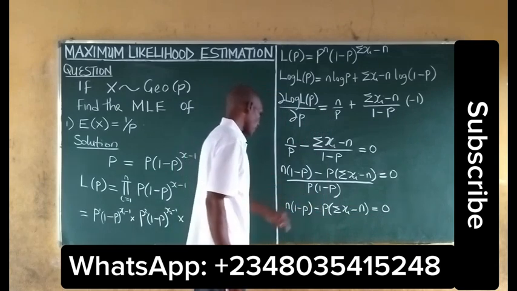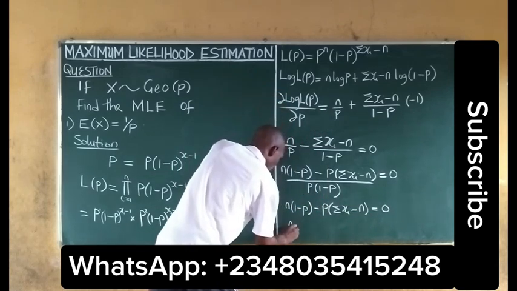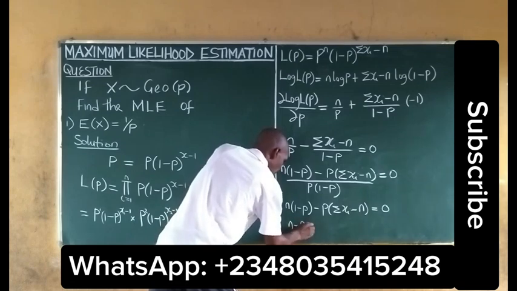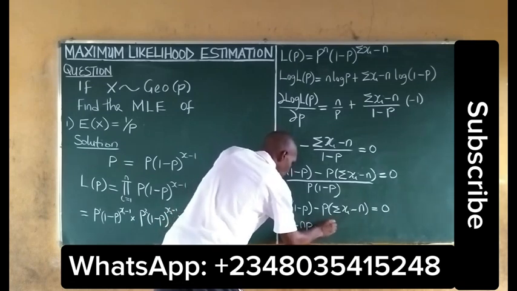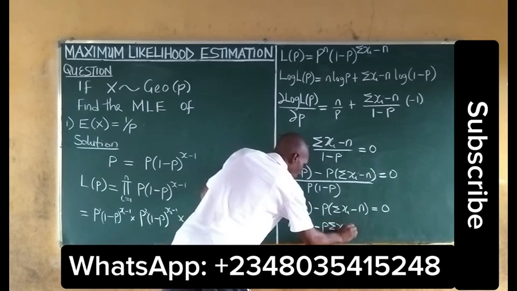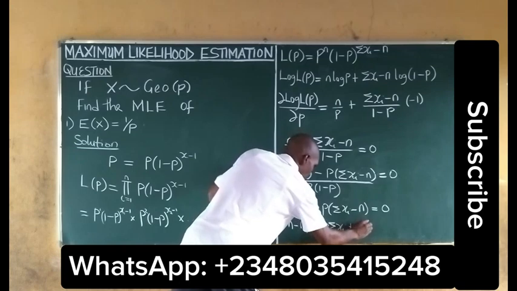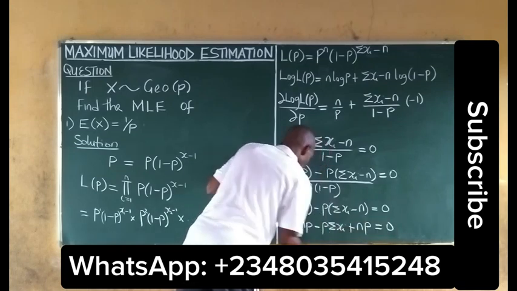If we open the brackets, we get n minus np minus p summation of xi plus np to be equal to 0.